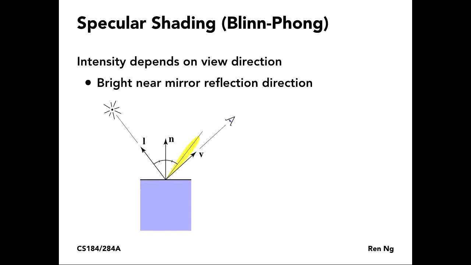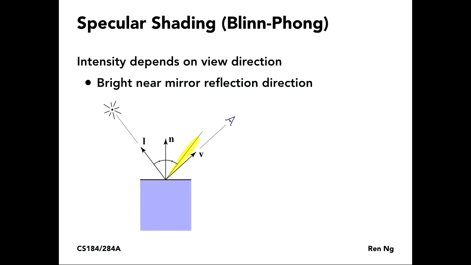If you have a glossy, mirror-like surface and you have a light source, the mirror direction is the angle that gets reflected off the surface like a mirror would, symmetrically around the surface normal. If you put your eye right at the mirror direction, then you're going to see the light source, so the surface point will be very bright. And the closer you are to that mirror direction, the brighter it should be. That's sort of what the intuition was for these folks.